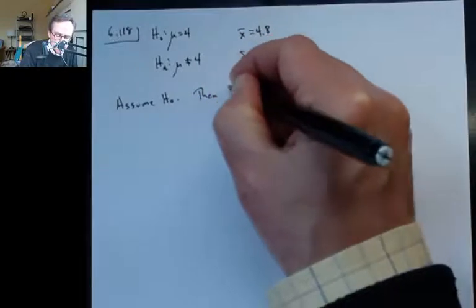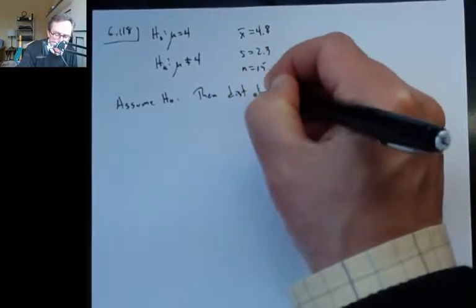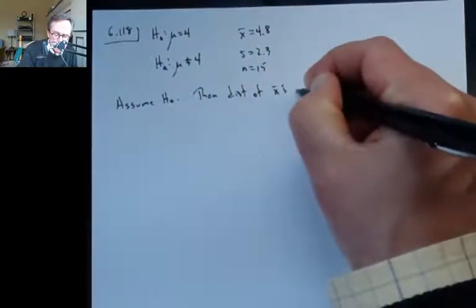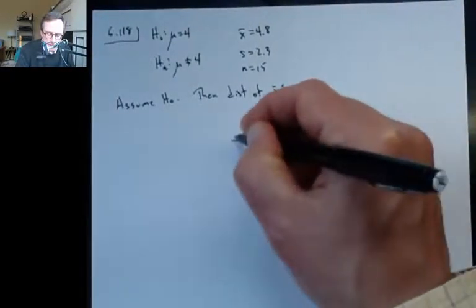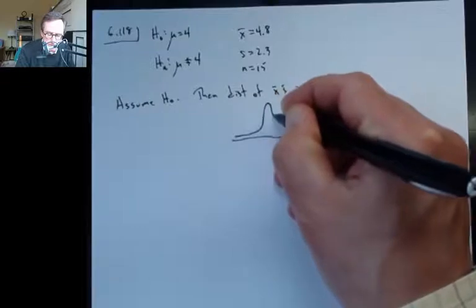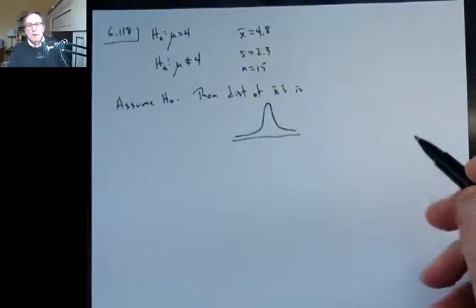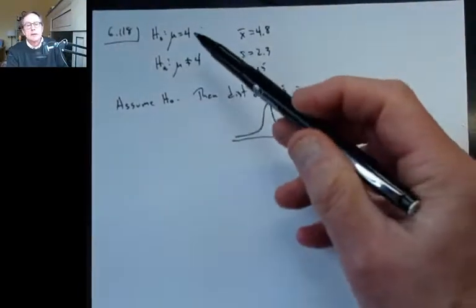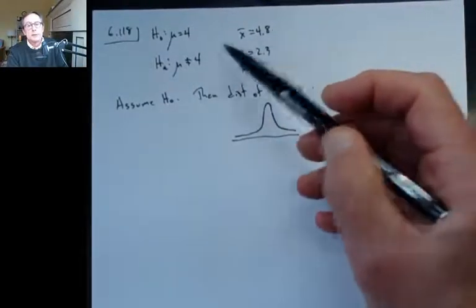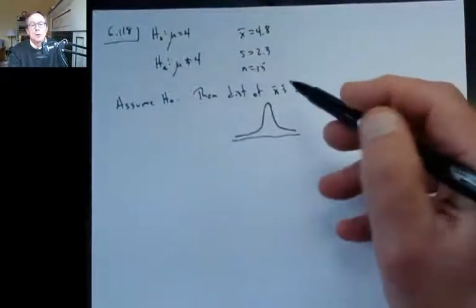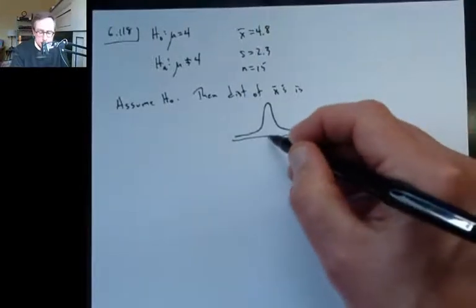And then the sampling distribution, the distribution of x bars, is a curve that looks like this. The H0 people tell me that mu is 4, that they think the true number is 4. Of course, we think it's not. So they think the samples would be centered around 4.